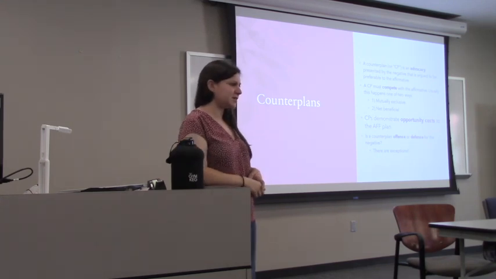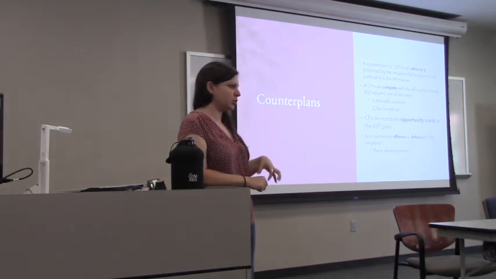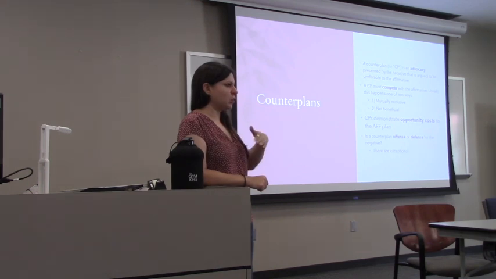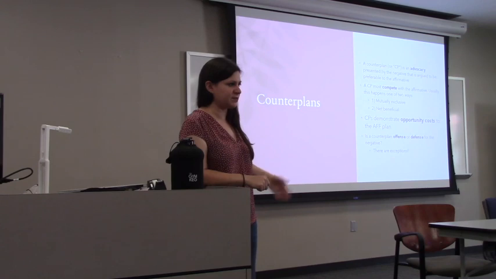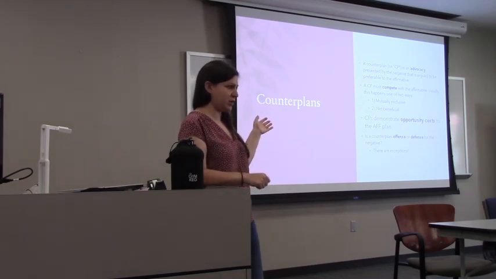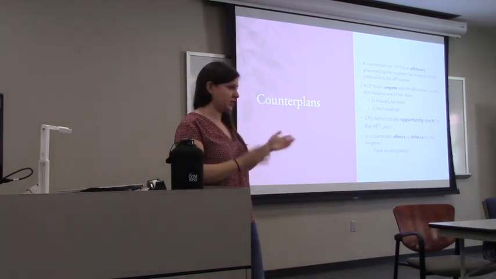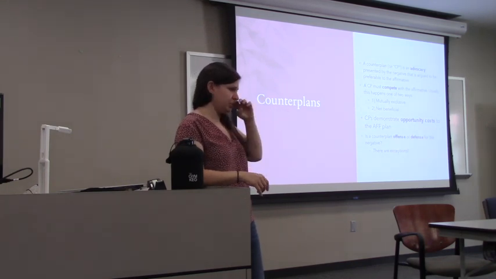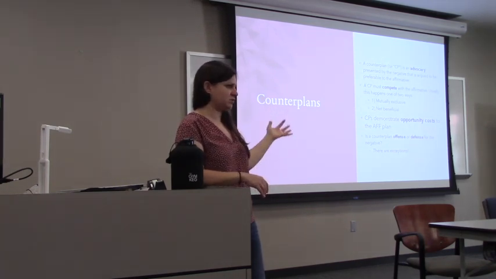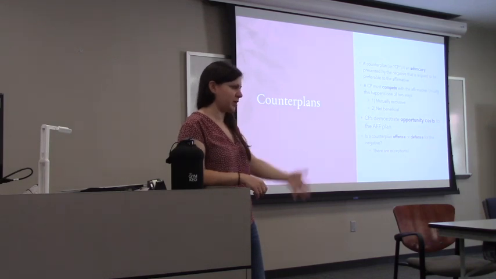Opportunity cost means that when you make a particular choice, you are foreclosing the opportunity to make distinct other choices. So if I decide I came here this morning to give this lecture, I foreclosed the opportunity to go do a bunch of other stuff. So the counterplan could be I should have gone to the gym, and I foreclosed that opportunity by coming here.